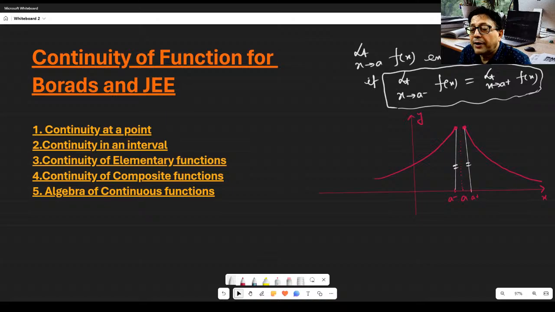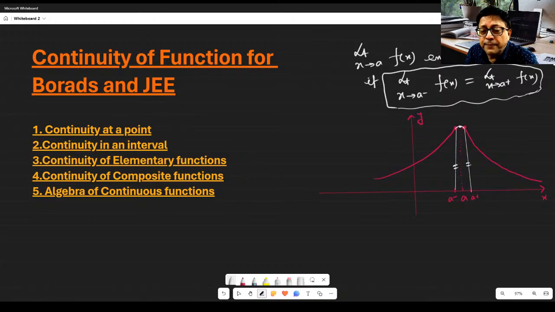But can we draw the graph in between the two points a plus and a minus? This we can draw if the graph of the function can be drawn through that point. If the functional value also exists at that point, then it will be continuous at x equal to a.